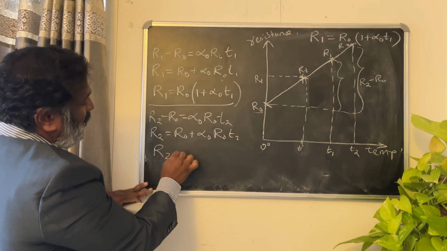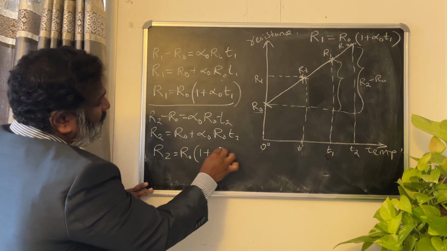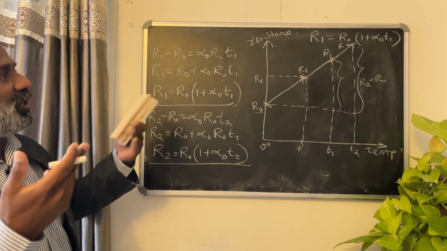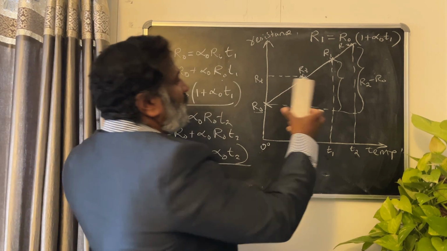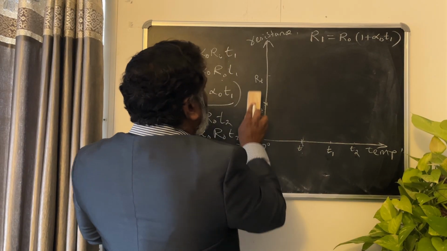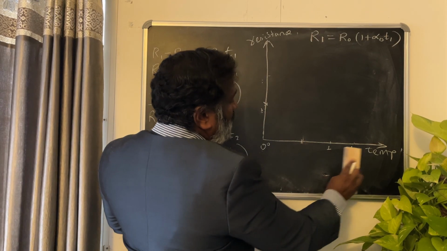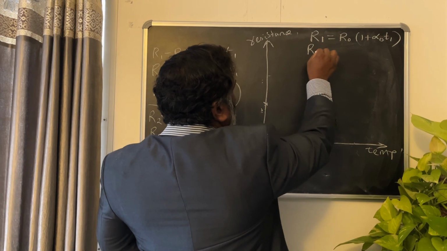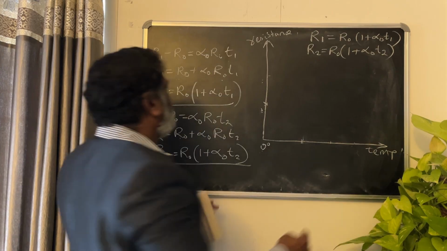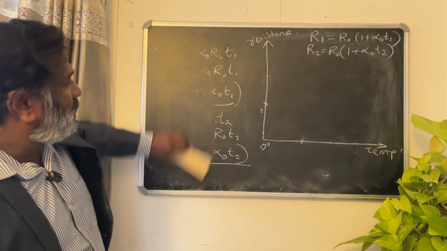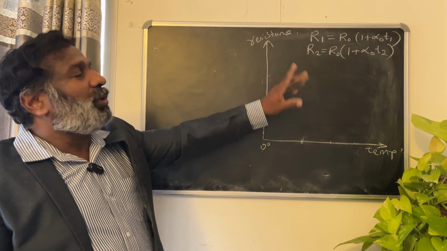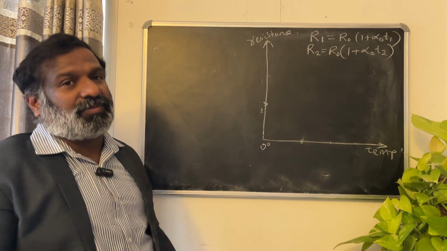So R2 equal to R0 into 1 plus alpha 0 T2. So if you know the resistance at 0 degree, you can calculate the resistance at any given temperature using the same concept.